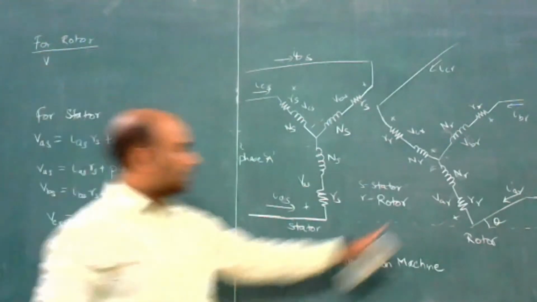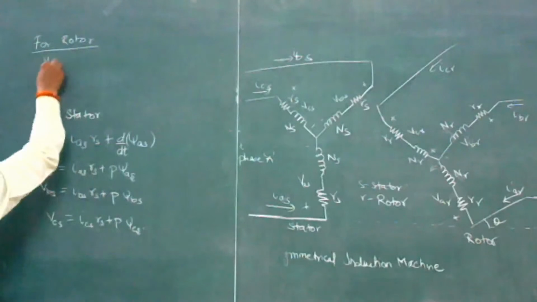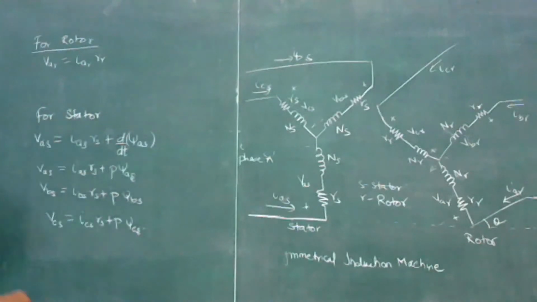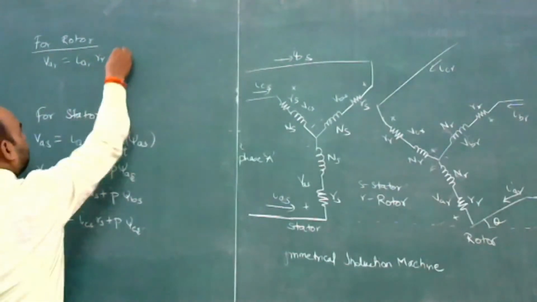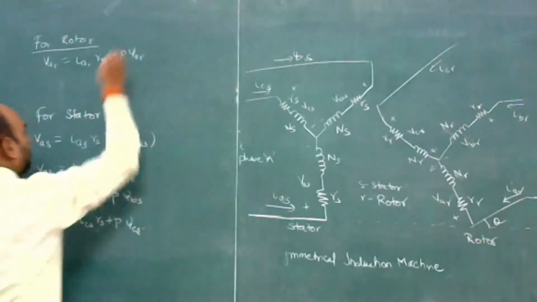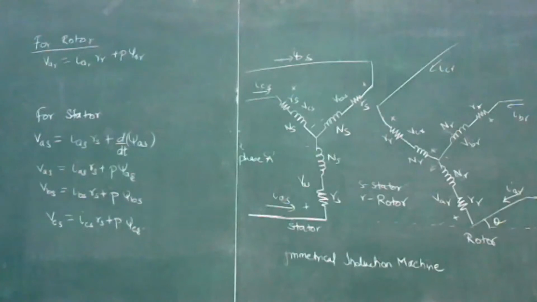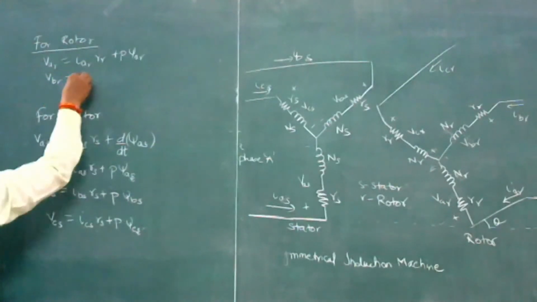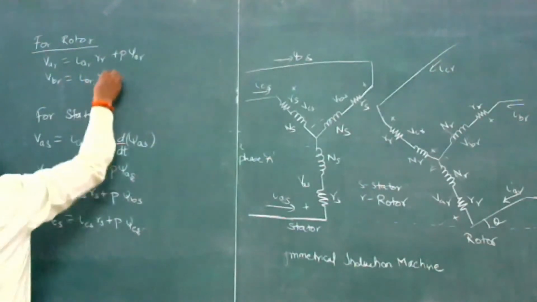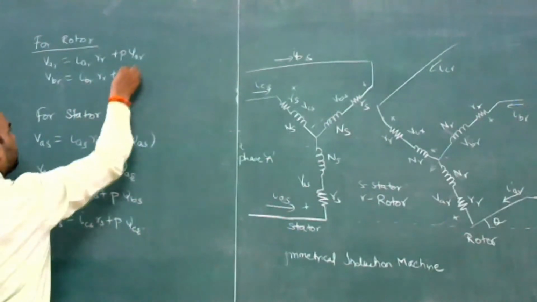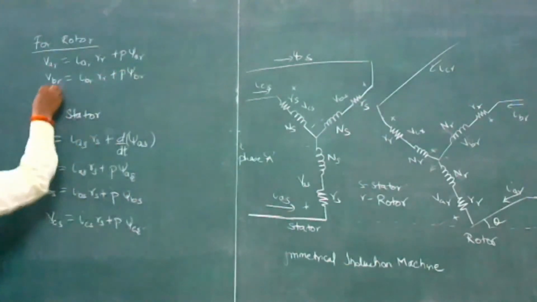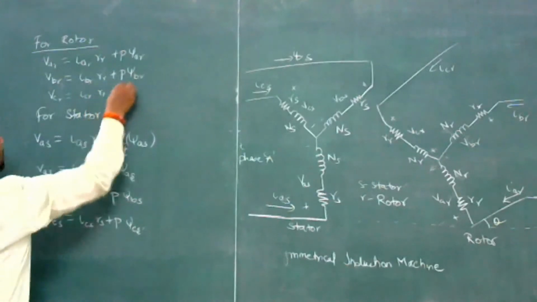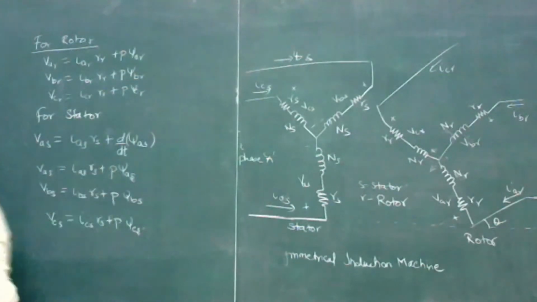So the voltage is VAR, current flowing is IAR, and resistance is RR, plus P psi A, the flux linkage of the rotor phase A. VBR will be equal to IBR RR plus P psi B, and VCR will be equal to ICR RR plus P psi C. Okay.